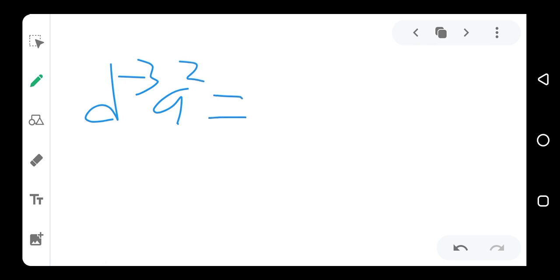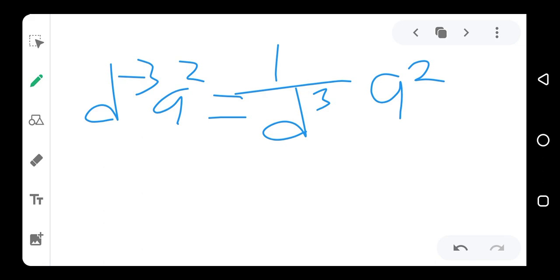Now this is equal to, for d, it has minus power, so we write inverse of it, which is 1 over d raised to power positive 3, then a raised to power 2.